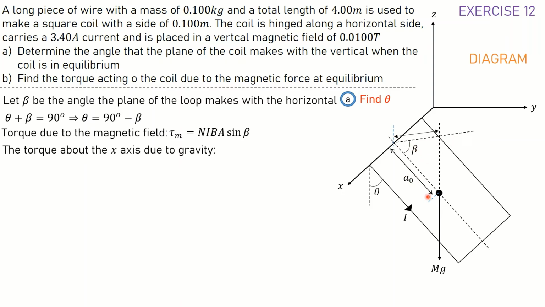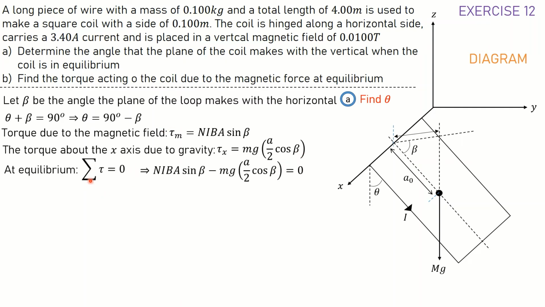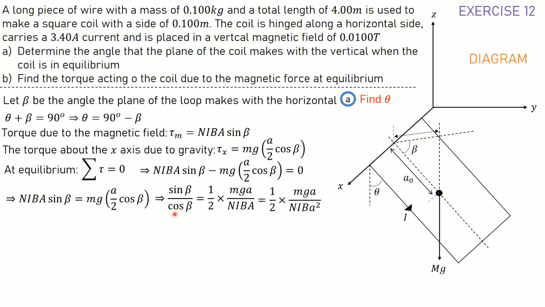But a0 is a divided by 2, and we know a as 0.1, so we have mg times its perpendicular distance, which is a divided by 2, times the cosine of beta. Now at equilibrium we have this condition, meaning this minus this is equal to 0. So to express it, we look for the tangent.